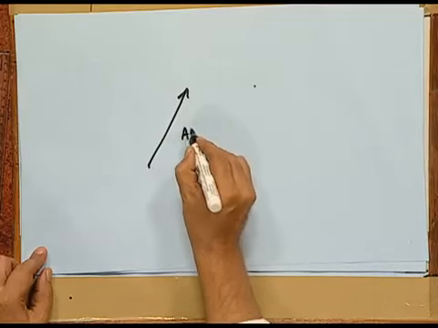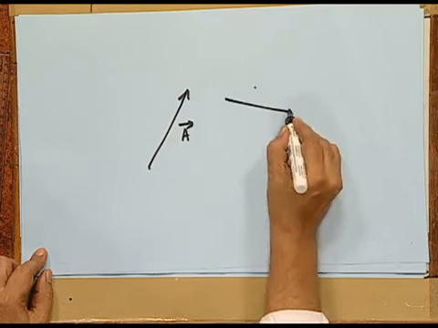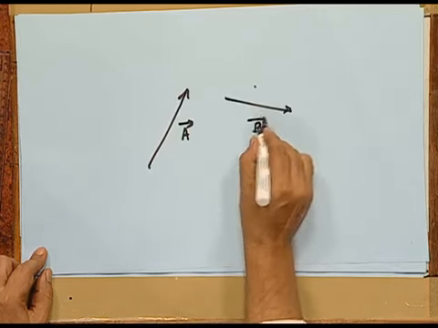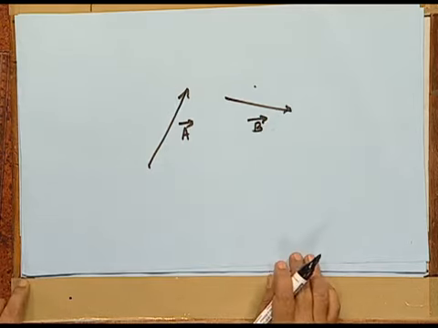Till now we have considered addition of vectors A and B by the method of triangulation or by the method of parallelogram. It could be done in a different way, which is called the analytical method of addition of these two vectors. Now, what is the analytical method?